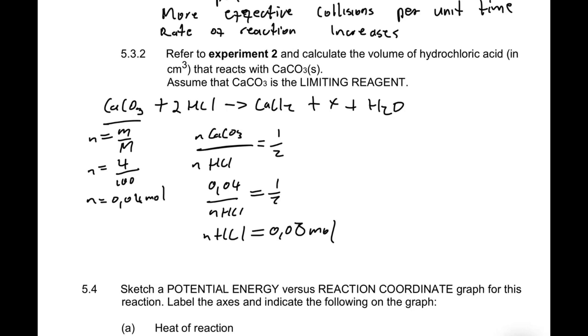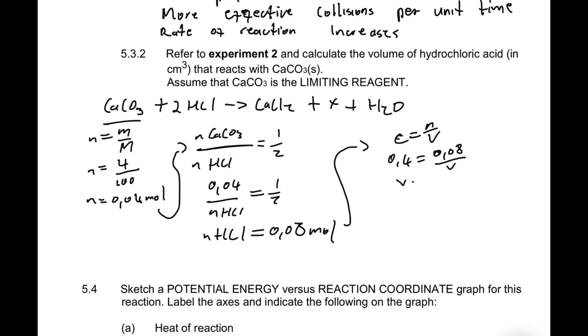So now from this number of moles, we can find the volume of HCl, right? So let's come to the volume of HCl. We know that the concentration is equal to the number of moles divided by the volume. The concentration given to us in experiment 2 is 0.4, and the number of moles is 0.08, right? And then we have our volume. So we cross multiply and divide both sides by 0.4.